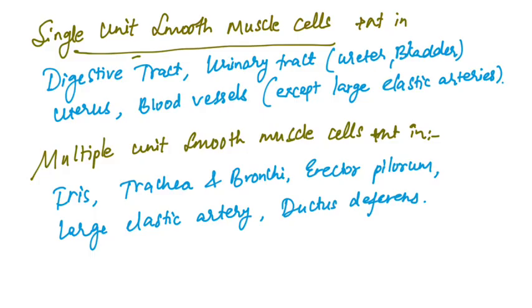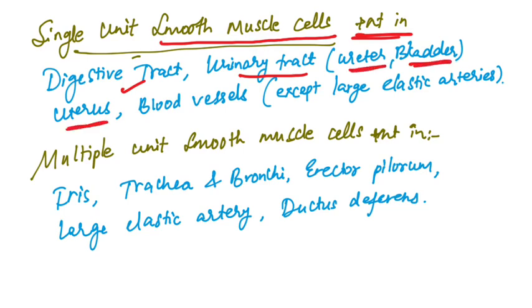Now single unit smooth muscle cells are present in which of the following? Digestive tract and urinary tract. In the urinary tract, they are present in the ureter and the bladder, and also the uterus and blood vessels, except the large elastic arteries.